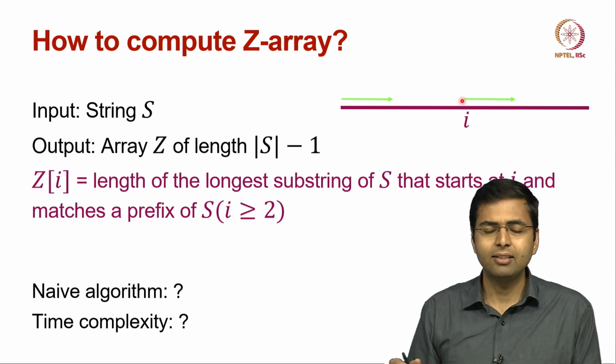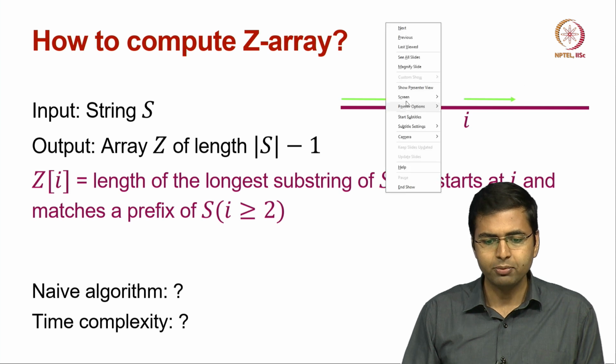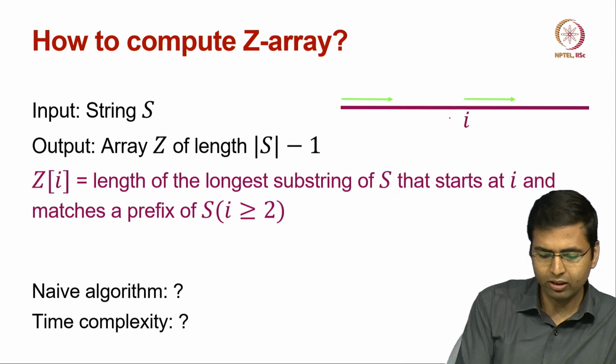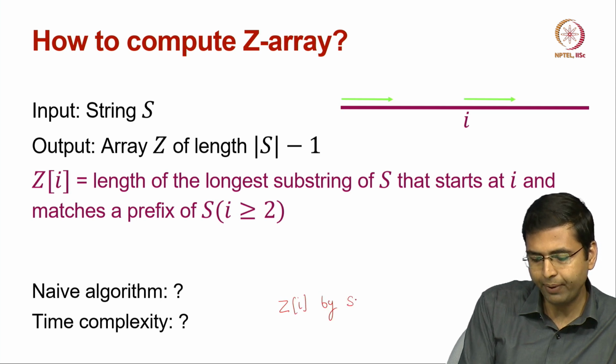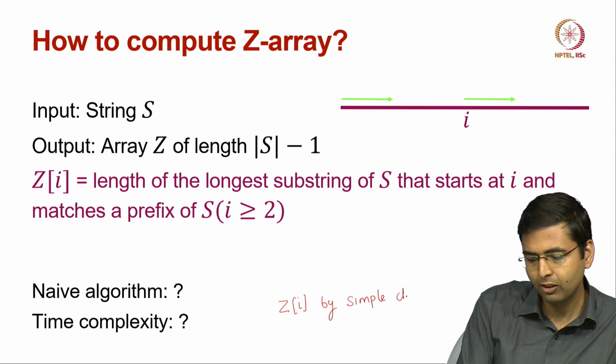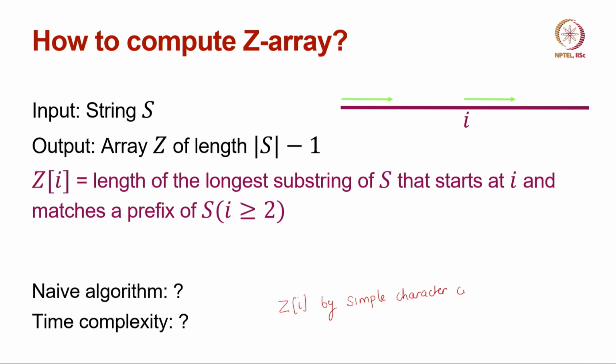Unfortunately, if we just do a brute force search of computing Zi by simple character comparisons, then for computing Zi we may be spending order |S| time in the worst case, and for the entire Z array we will end up spending order |S| squared time in the worst case.